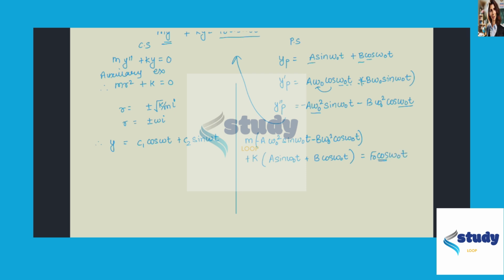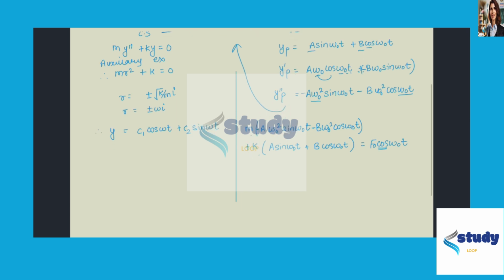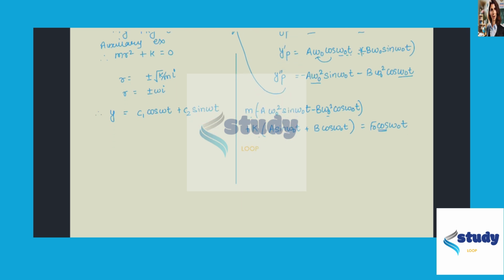Now since we have cos on the right, we'll separate this equation in terms of cos and sine. First the cos term: multiplying m we get minus m b omega naught square, and from multiplying k, plus k b, with cos omega naught t as the common term. Similarly, the sine term: minus m a omega naught square, and plus k a, times sine omega naught t.